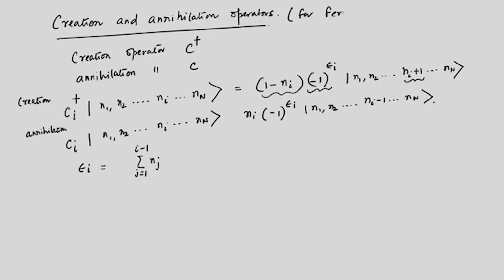We are not talking about bosons, but they can also equivalently be done provided you do a symmetrization of the wave function. This is very specific to the nature of fermions and bosons. The fermions obey an antisymmetric property, whereas the bosons obey a symmetric property. The wave function is symmetric under the exchange of particles.